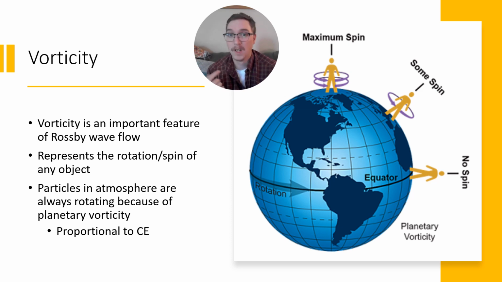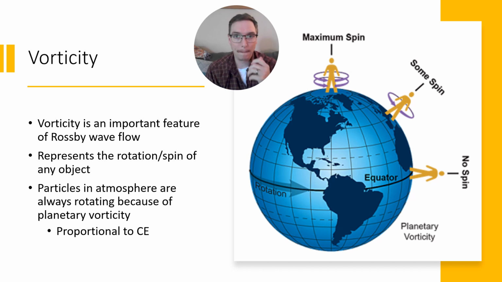We all have some level of vorticity imparted on us by the rotation of Earth. Particles in the atmosphere are always rotating because of this planetary vorticity, and it's proportional to the Coriolis effect. So at the poles, maximum spin or maximum vorticity. Near the equator, none or reduced vorticity.